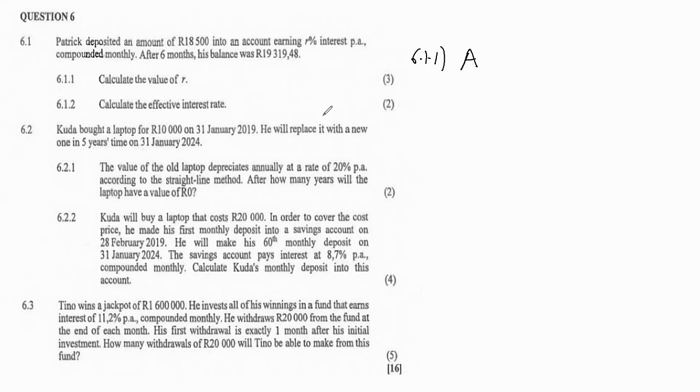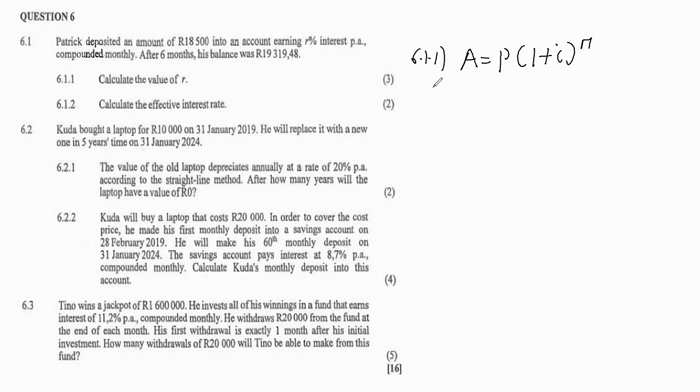Obviously, reading this question, we can see that there are no regular payments being made. The 18,500 was just deposited into a savings account and left to accumulate interest for a period of 6 months. So the formula we have to use is the one you know from grade 8, your compound formula: A equals P(1 plus i) to the exponent of n, right?